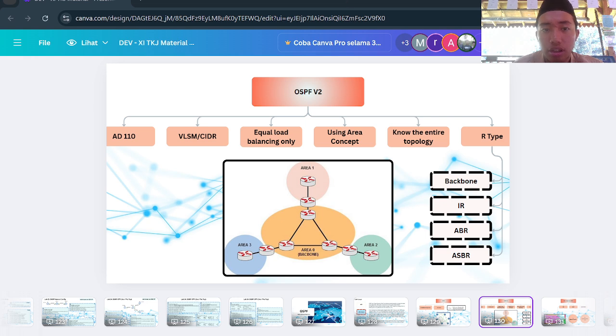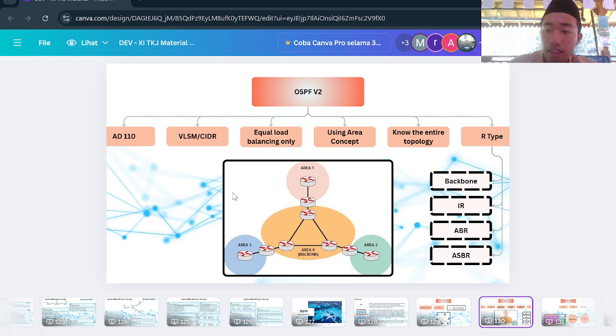There is OSPF area 0, the backbone, and area 1, area 2, and 3, to make it easier for the routing table. OSPF version 2 knows the entire topology within the area, not like RIP.